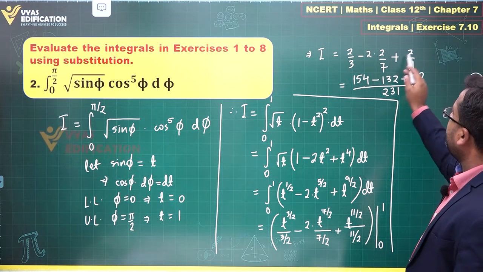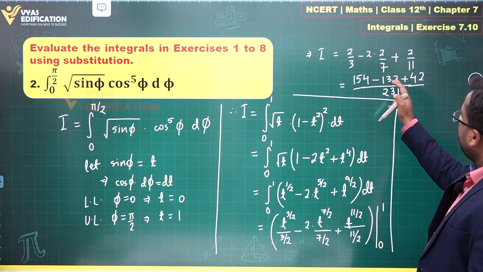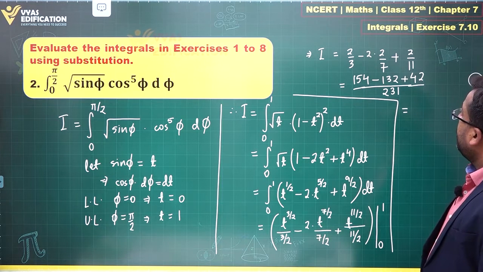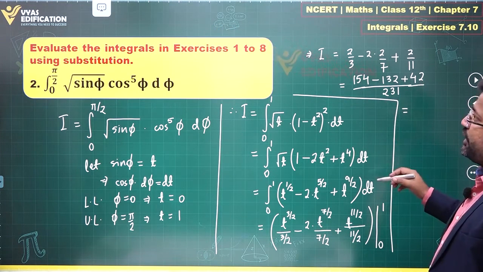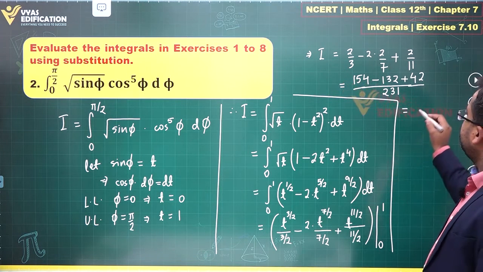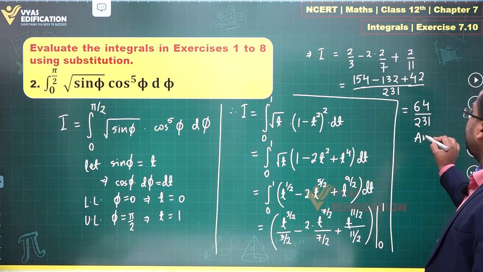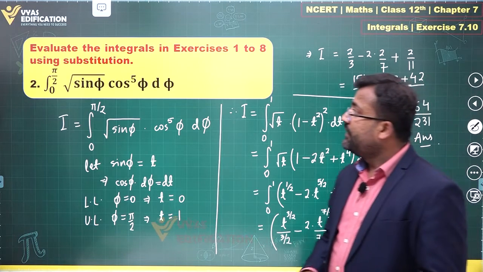And 7 times 3 is 21, times 2 is 42. Okay, this looks correct. 154 minus 132. What is that equal to? This is 22. If you see this carefully, yes, this is 22 plus 42. 42 and 22 will be 64 upon 231, and that is my final answer for this particular question over here.